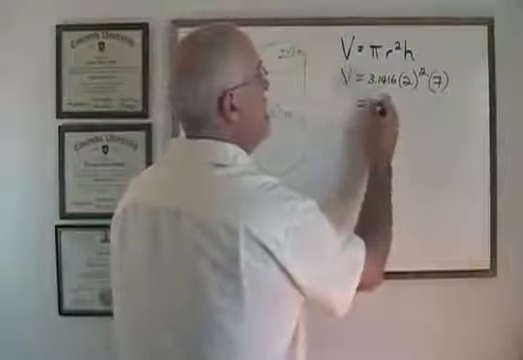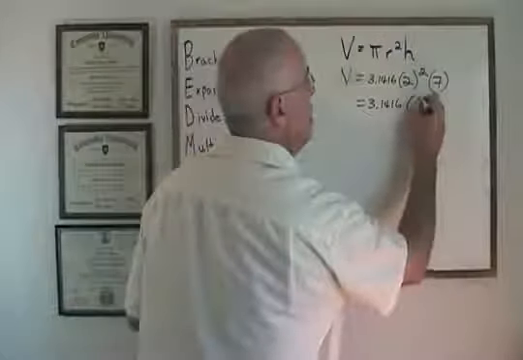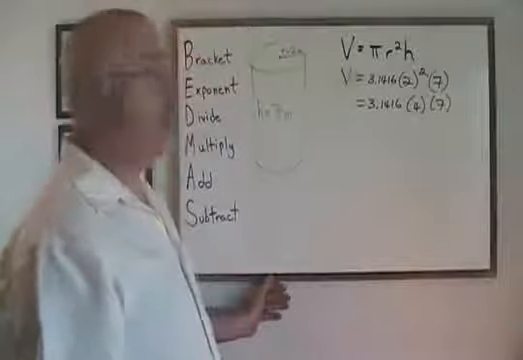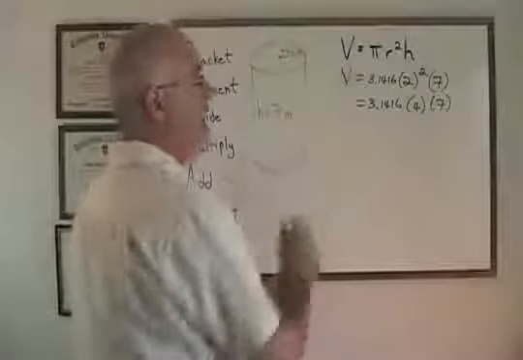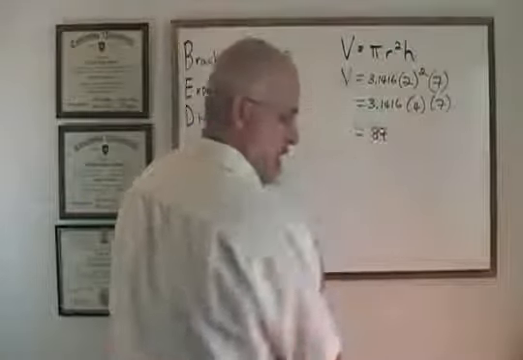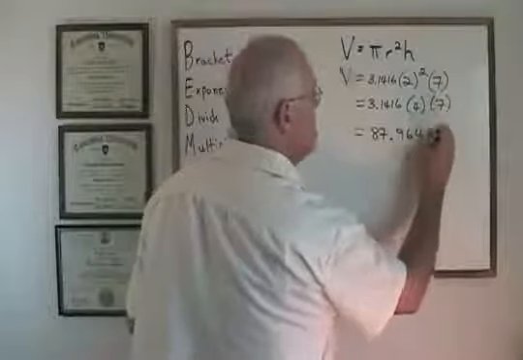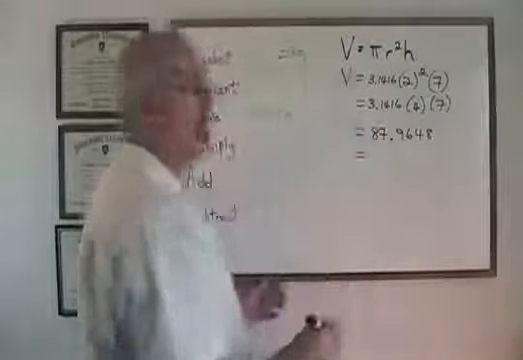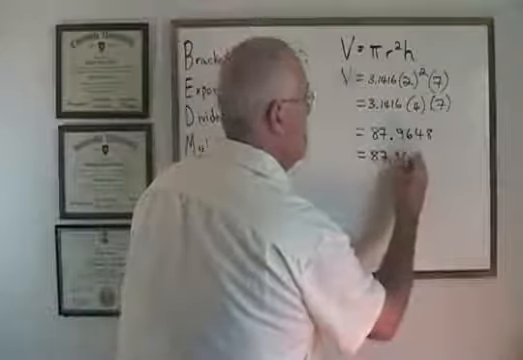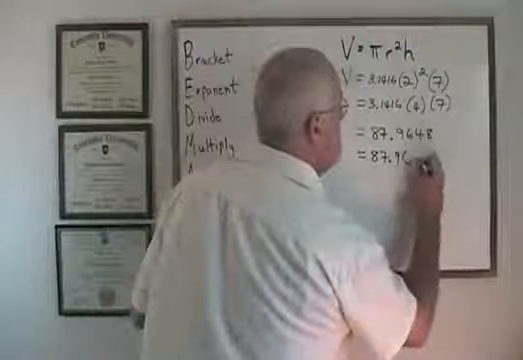We have to make sure to square the 2 and get 4 before we multiply anything, instead of squaring later, to avoid mistakes. When we multiply out these numbers, we get 87.9648, and I will round it to the nearest hundredth. So therefore 87.96. The distance unit was meters, so the volume unit will be meters cubed.